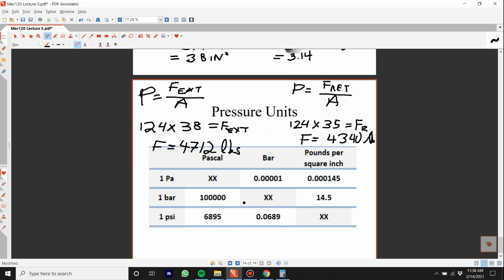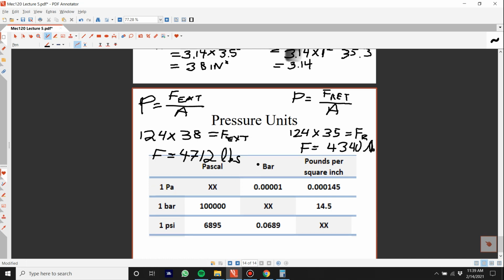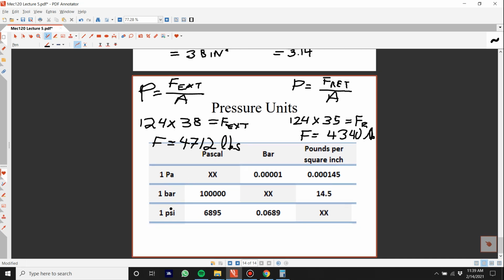Right. The last thing we're going to do is a few more example questions. In the United States, we like PSI. Everyone else uses bar. I haven't heard Pascals being used too much.